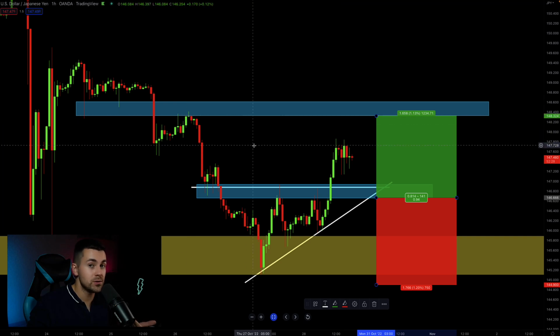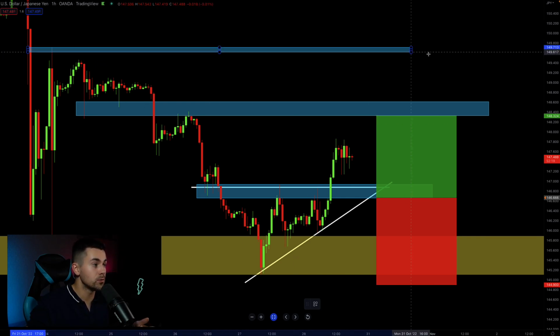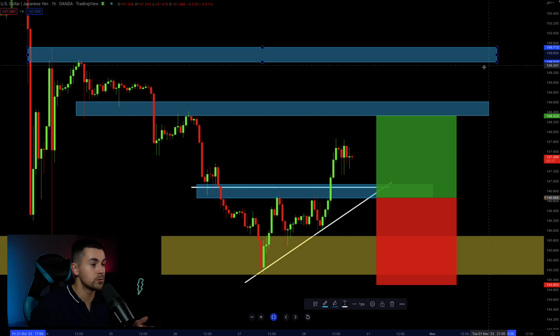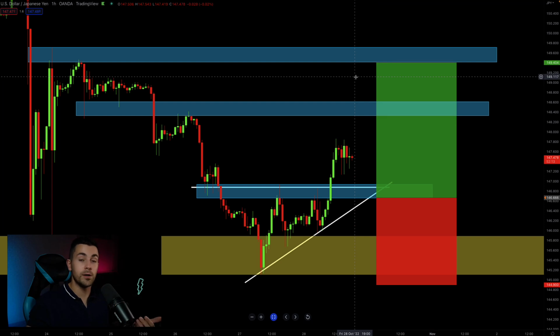And such a structure then is not appropriate for the initial target. We should check the higher structure. We have a higher structure right here as well. Yes, this very strong resistance. In measuring our risk to reward, you can see that here we have very positive and nice risk to reward.